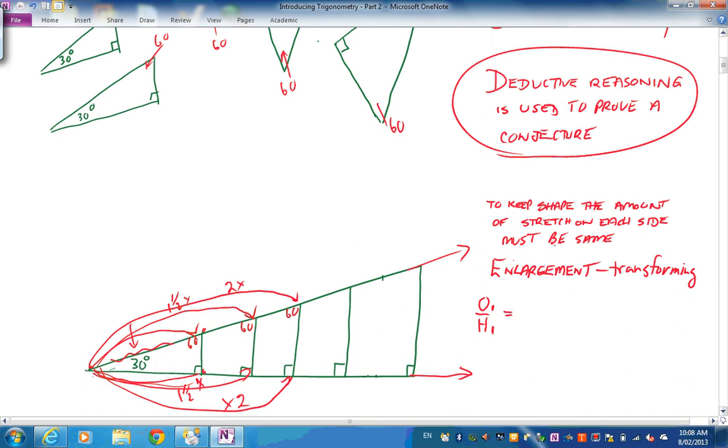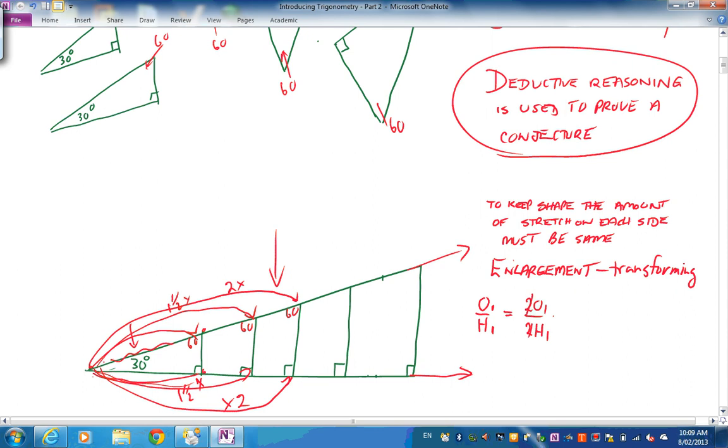When you go out to the double, the top one is doubled in this last triangle here, and the opposite has doubled, and the hypotenuse, everything's doubled. What do you notice? Oh, it's the same ratio.